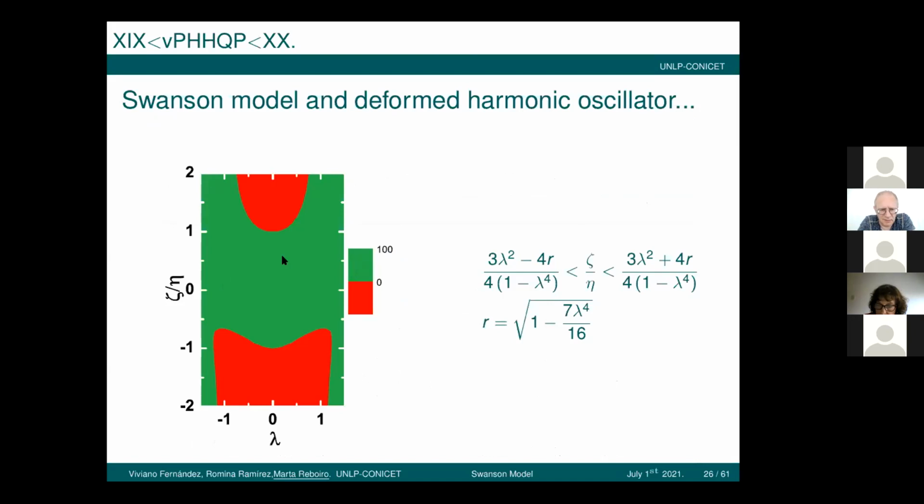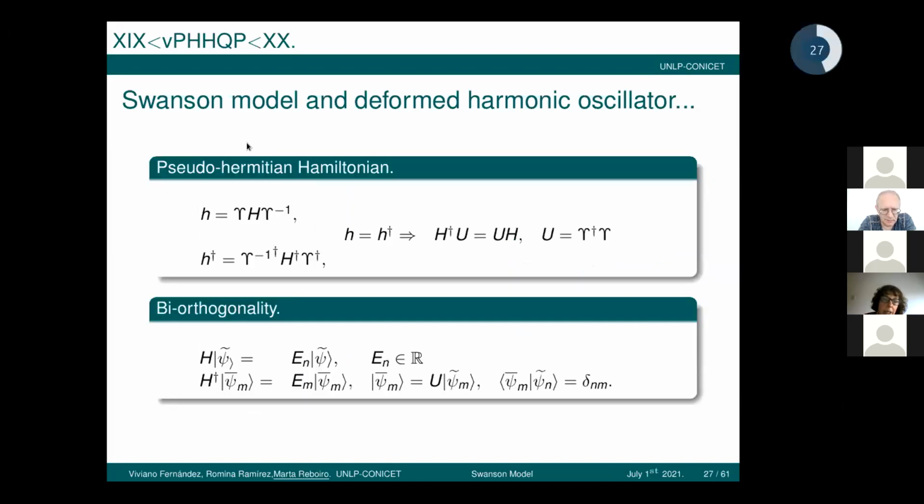In this region, we can map the Swanson Hamiltonian to a Hermitian one. In this region, we have a similarity transformation between H and the Hermitian Hamiltonian, and we have a symmetry operator between H and the adjoint H dagger.